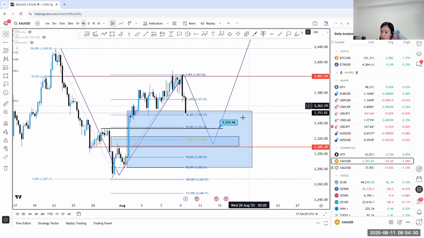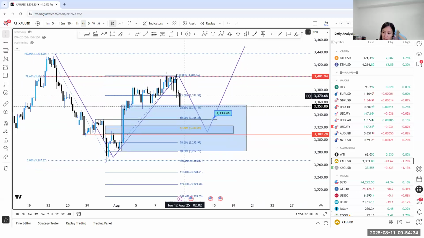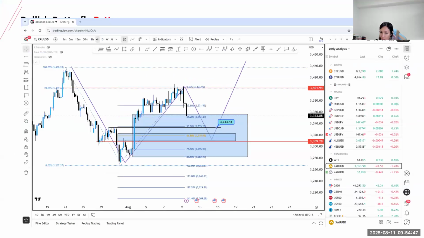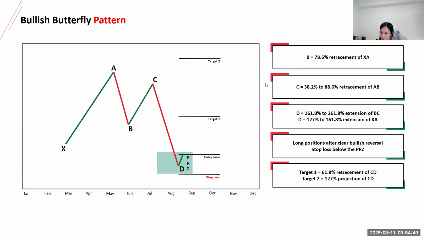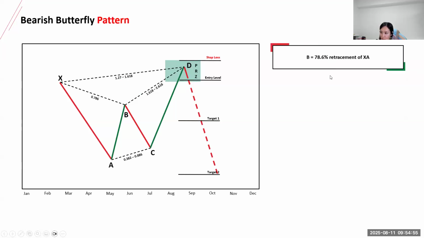It may not be a harmonic pattern because you need to wait for the C leg to finish first. But what I can see is that B retraced 78.6%, and then you can monitor whether they're going to pull back all the way here to 38.2, 50, or 61.8%. That is for the bearish butterfly, which will look like that. It's the same: 78.6% retracement of XA.